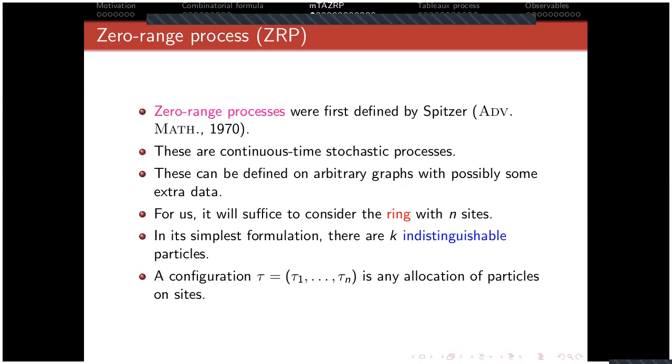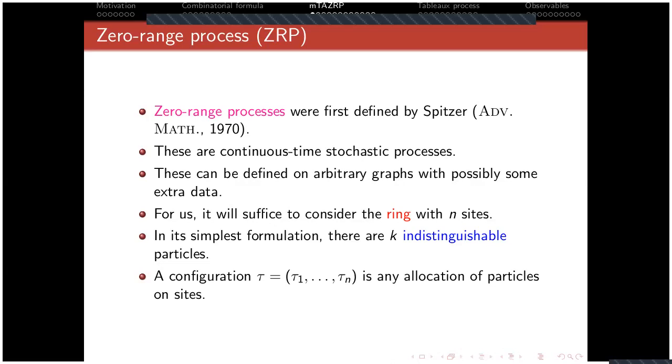And in its simplest formulation, there are just k indistinguishable particles. So all particles are the same. And now any configuration is, unlike the asymmetric exclusion process, there's no restriction on the number of particles at a given site. So tau 1 to tau n, if you have n sites, is any allocation of particles.